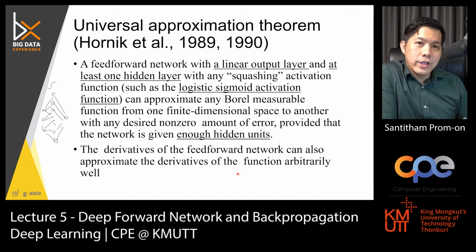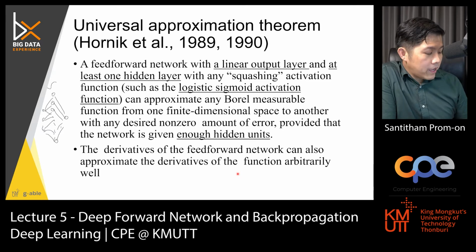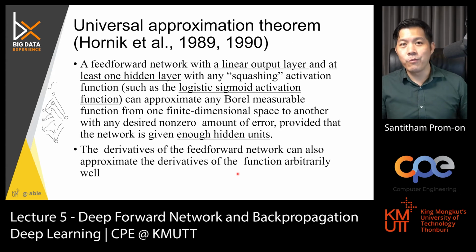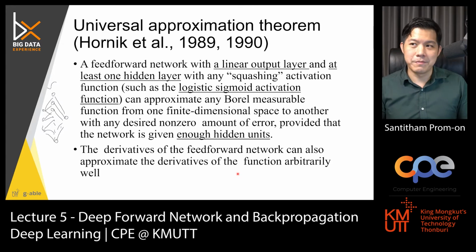So how do we interpret this theorem? If we have an infinitely wide network, it can actually approximate any function. Just like when you have many models, then you fit one model to one unit of data, obviously it should be able to model the patterns.